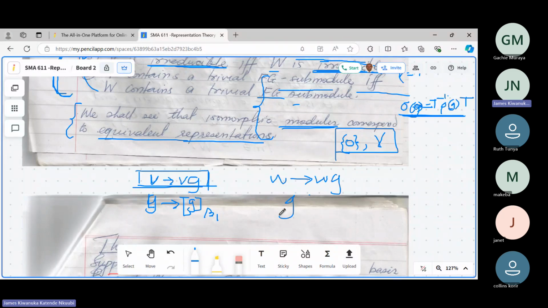Again, this one will give you another representation, which sends, let's call this basis B2, this being a basis of W, and this one being a basis of V. So the claim is that these representations can be shown to be equivalent.